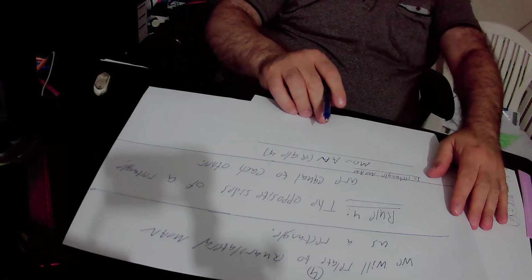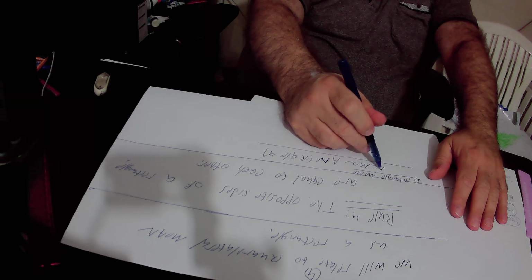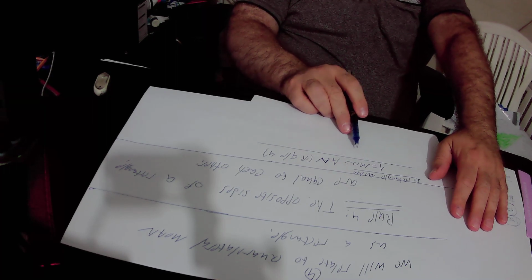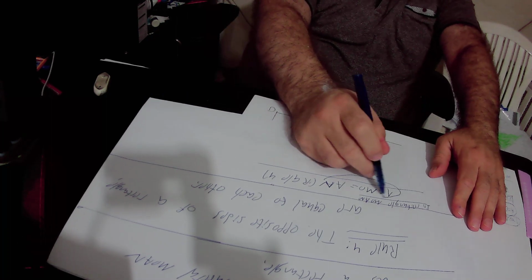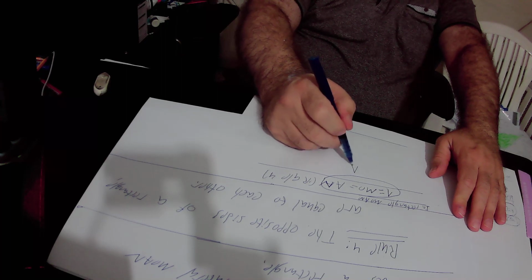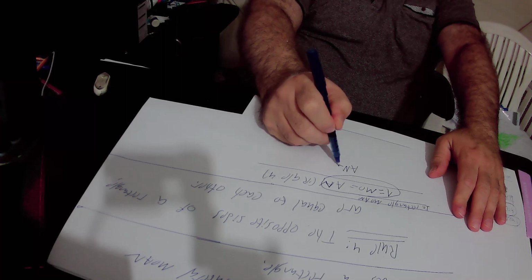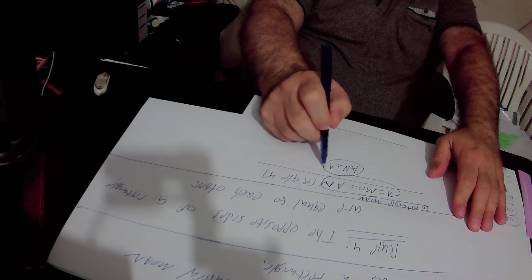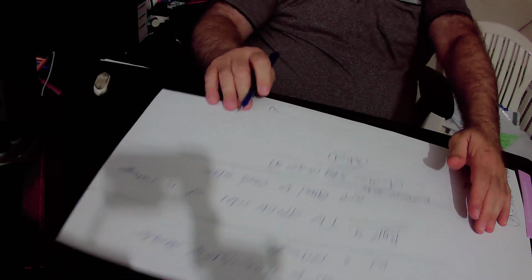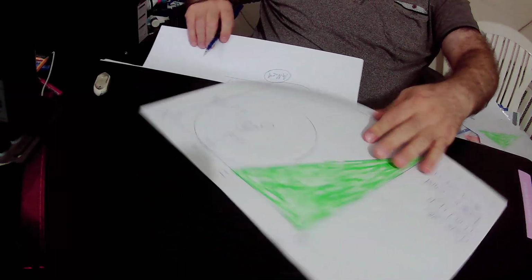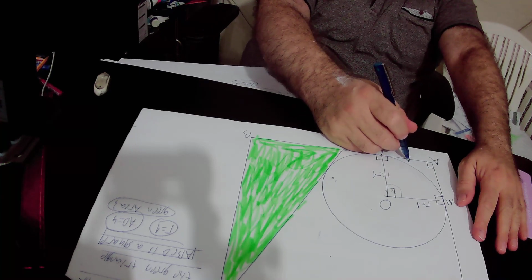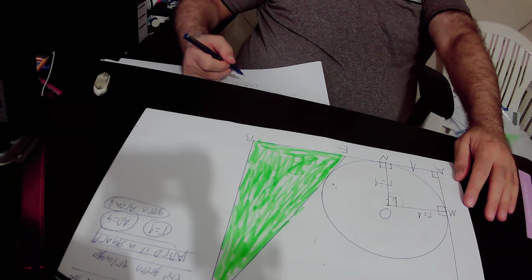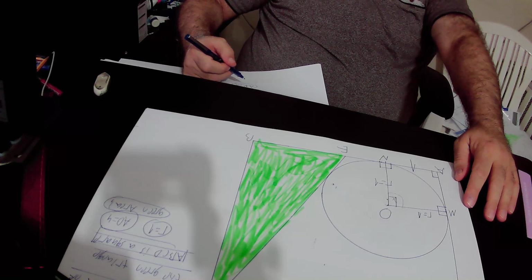So we can write here that MO, according to what is given in the question, equals 1 unit. So from this equality we will get that AN also equals 1 unit. AN equals 1 unit according to what we found.